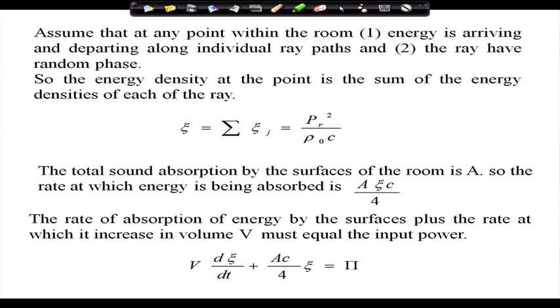So, what I said is, suppose I consider this area, this del S, this is the area on the wall, and from different directions the packets of sound energy come, and I know the rate of incident energy per unit area on that surface.